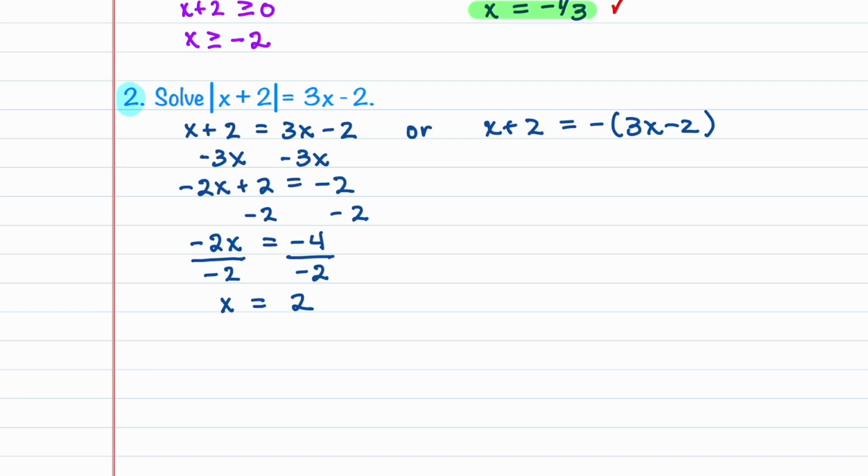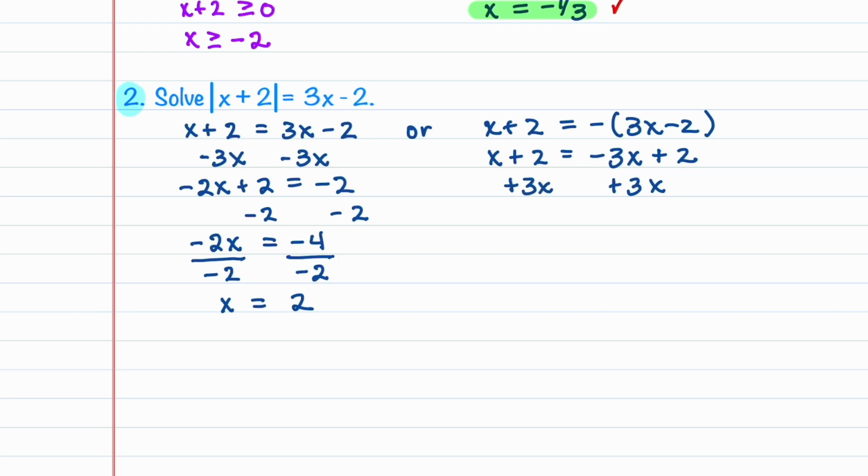We're not going to check it yet. And let's go ahead and let's work on our right-hand equation. The first thing that we'll do is distribute the negative on our right. So this becomes a minus 3x, and then minus negative 2 is plus 2. Now let's bring our x's to the left. So we add 3x.